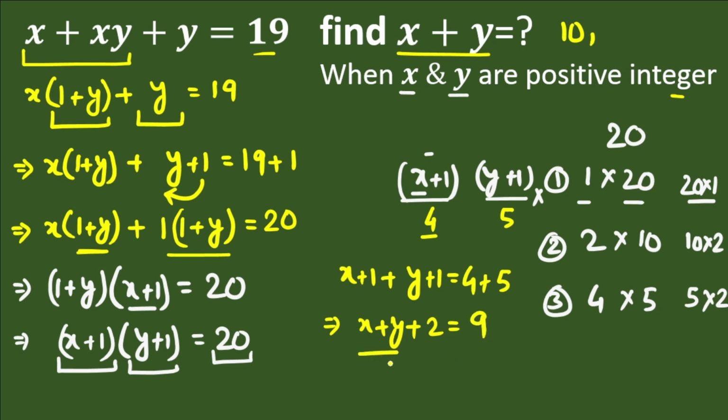So x plus y plus 2 on the left, and 9 on the right. So x plus y will be 9 minus 2, which is 7. So x plus y for the third case is 7, and that is another answer. So there are two answers, 10 and 7, and these two are the answers to this problem.